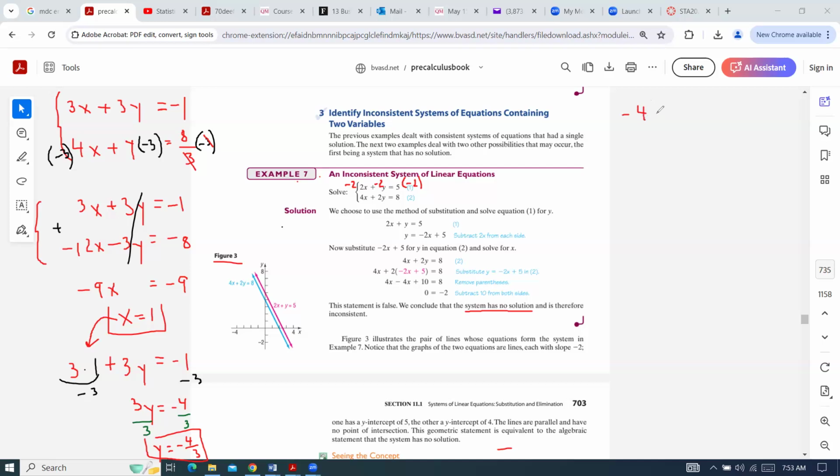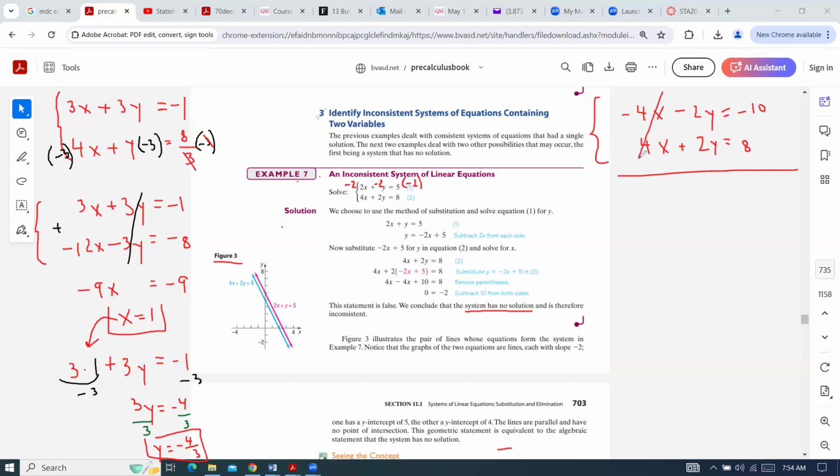So that'd be -4x, right? And -2y. And this is equal to 5 times -2, which is -10, right? Okay, -10. The second equation stays the same, and we had a goal to eliminate the letter x, and it looks like -4x and +4x will cancel each other out, just what I need, right?